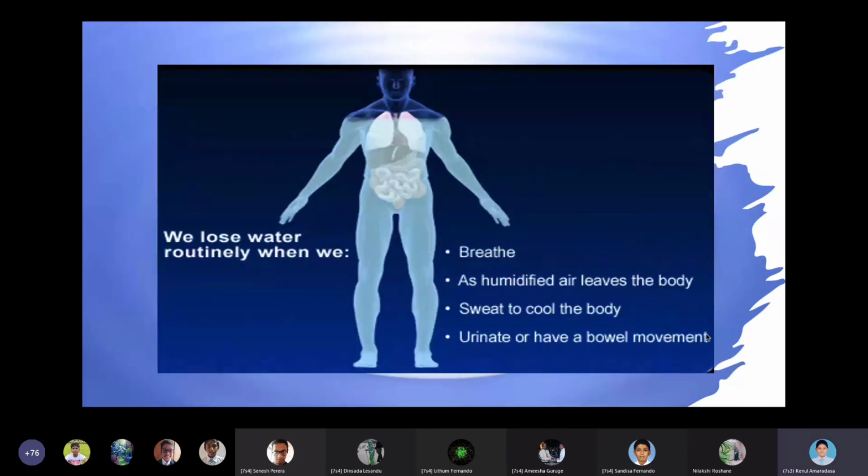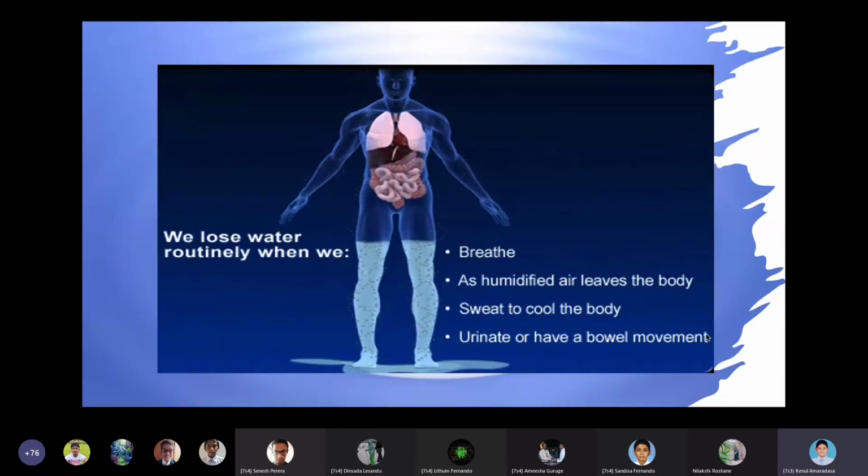We lose water routinely when we breathe as humidified air leaves the body, sweat to cool the body, urinate, or have a bowel movement.